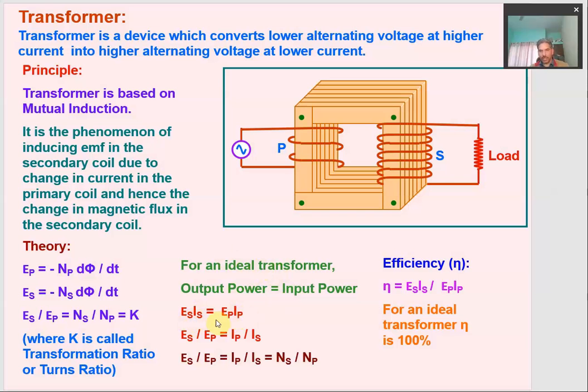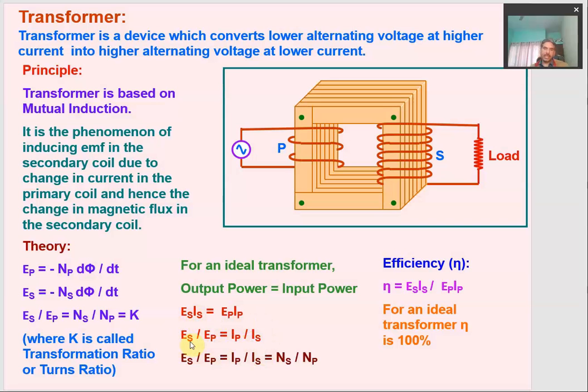So in that case, we just rearrange this equation in order to write ES upon EP, because EP can be taken to the left side, so it divides ES, and on the right hand side we are left with IP, and IS is taken to the right hand side, so it divides there. So IP upon IS. Let us try to visualize this equation and understand it.